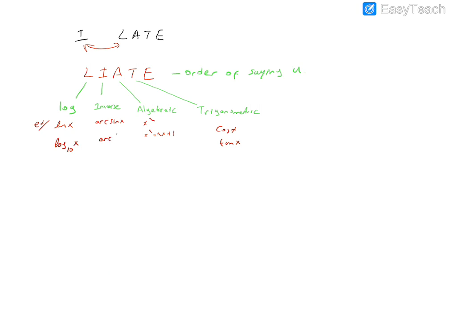Here we can say arc tangent x is an inverse function, etc. And E represents the exponential functions, for example e to the power x, etc. According to this order, if you choose your u, generally it works. Of course, there are some exceptions, but as a suggestion you can consider it.